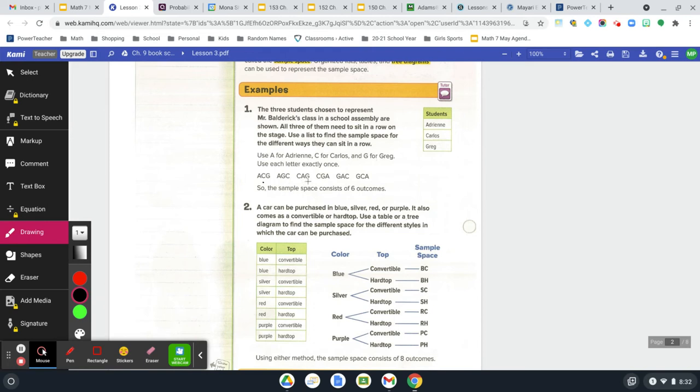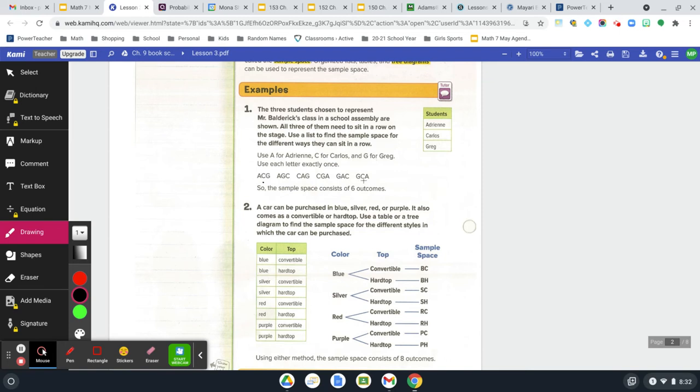Another possibility: Carlos could sit first on the stage, then have Adrian next to him and then Greg. Carlos could sit first, but then have Greg next to him and then Adrian on the end. Fifth way, Greg could sit first, then Adrian, and then Carlos.